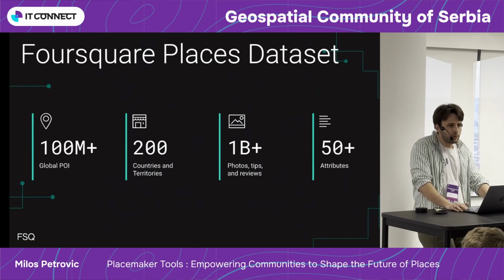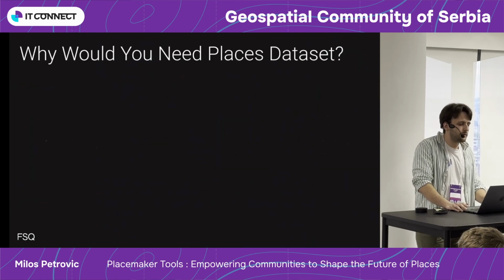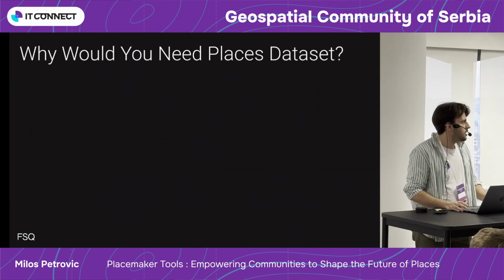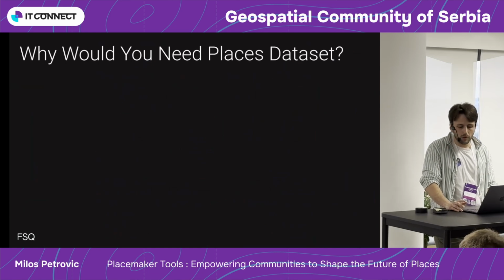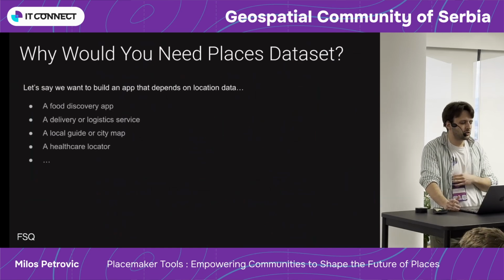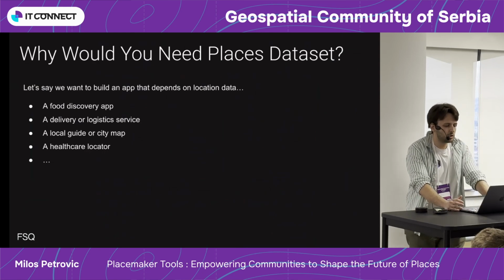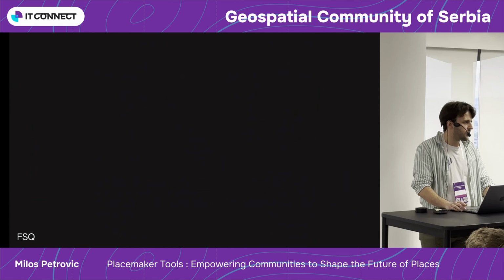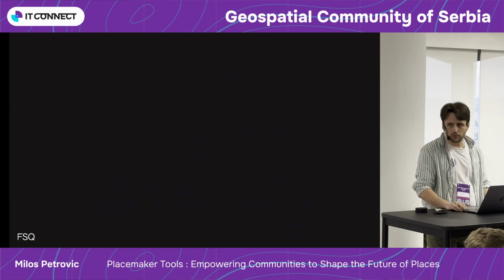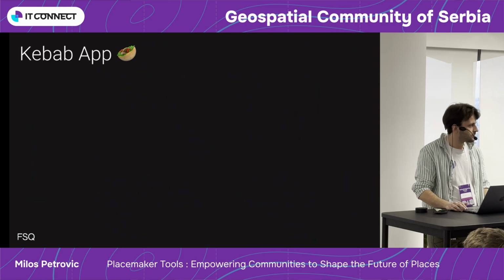But why would you even need this kind of data? Let's imagine that we want to build an application that depends on location data. This can be a food discovery app, a local guide, anything that depends on location data. For our purposes, let's say we want to build a kebab app, an application where users can go and rate their favorite kebabs.